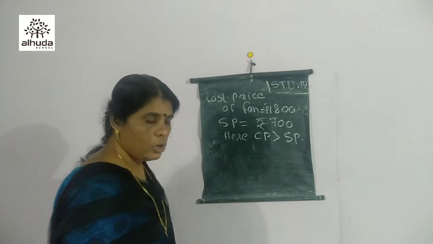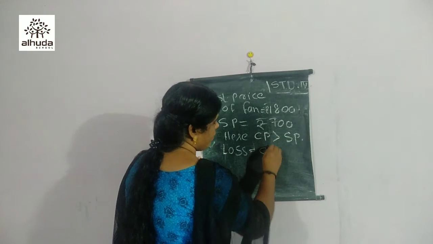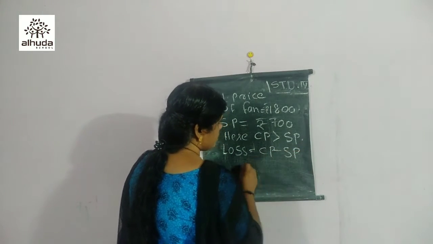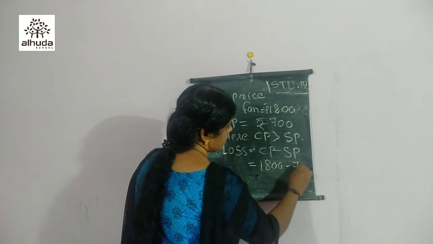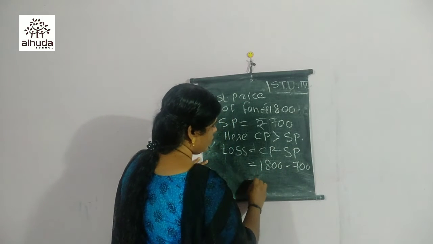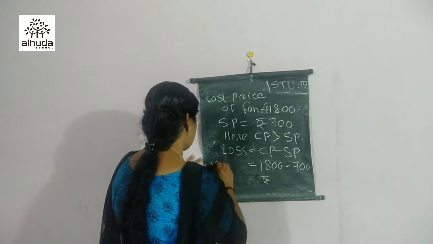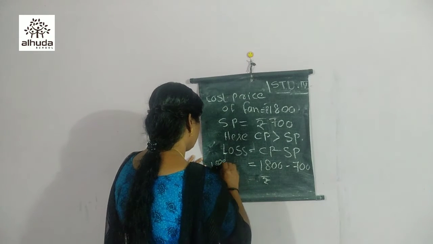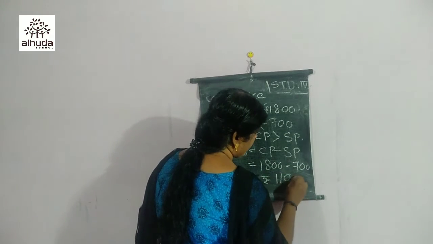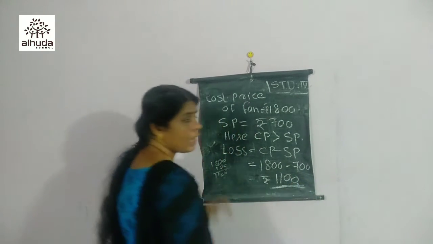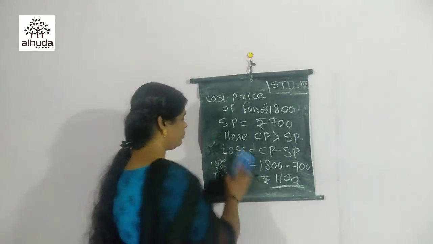So loss is equal to CP minus SP, which is 1,800 minus 700, equal to rupees 1,100 loss. Okay.